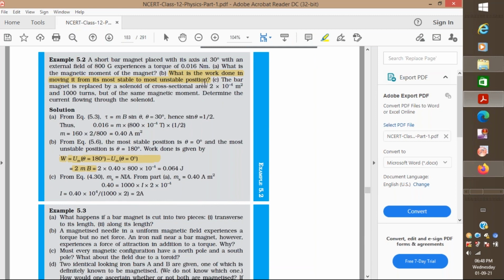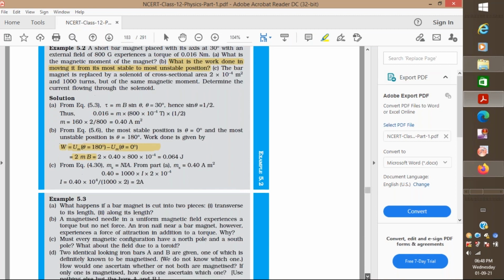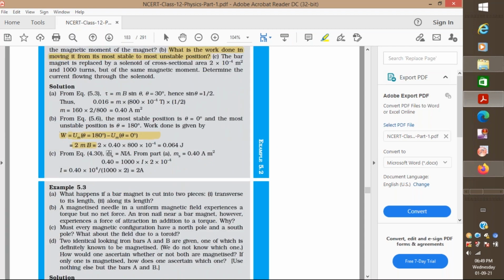You have to take the difference of the potential energy between those two states. So this is how you get the work done for rotating a dipole from the most stable state to the most unstable state. This is the work done you have to do. So work done means difference in potential energy in this case.